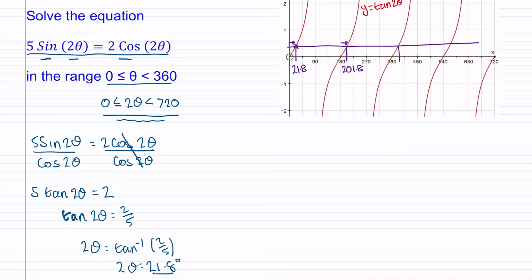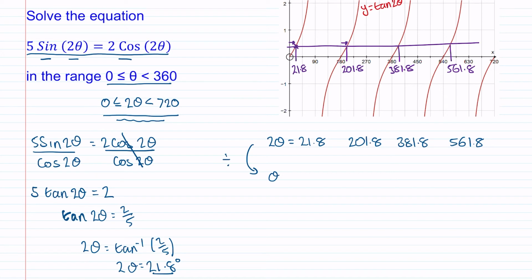Our next solutions are 381.8, and then 561.8. So these are our solutions for 2 theta. To work out theta, we'll divide these by 2, and we get theta is 10.9, 100.9, 190.9, and 280.9 degrees.